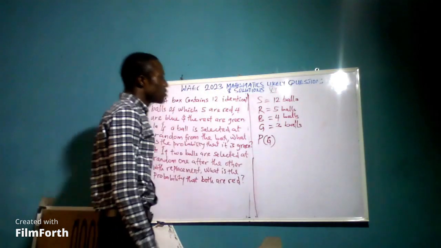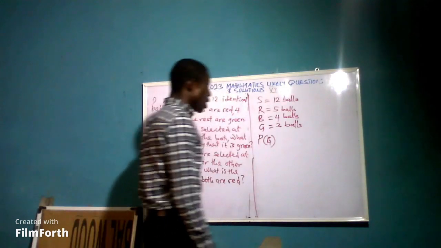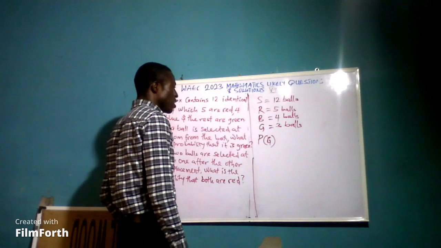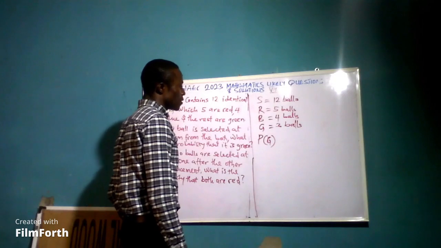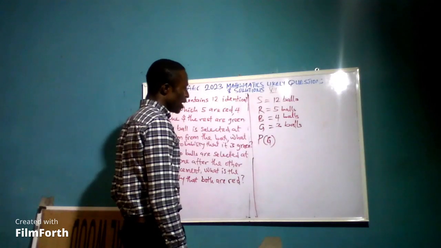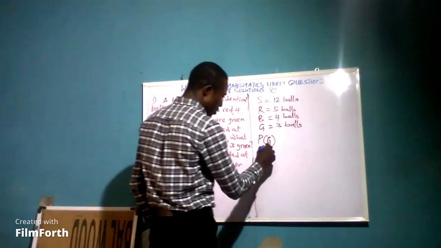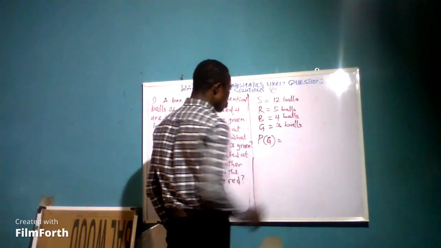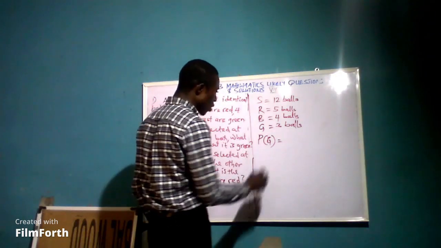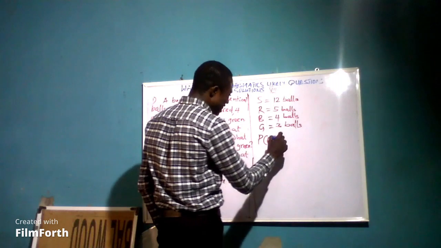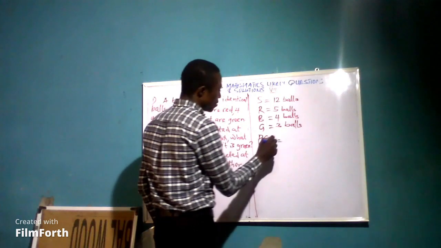From the definition of probability, the probability of an event happening, which is green, is equal to the number of that event in the total.